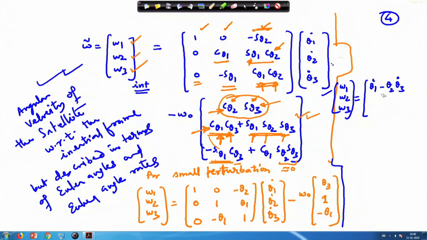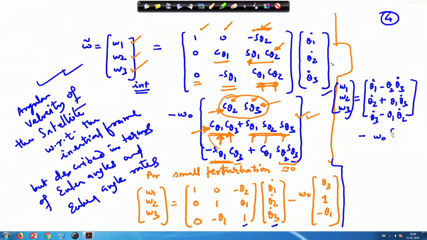Then the second term will be theta 2 dot plus theta 1 times theta 3 dot, and the third term will be theta 3 dot, this part, and then minus theta 1 times theta 2 dot. Okay, and then this part we have to add it up here.